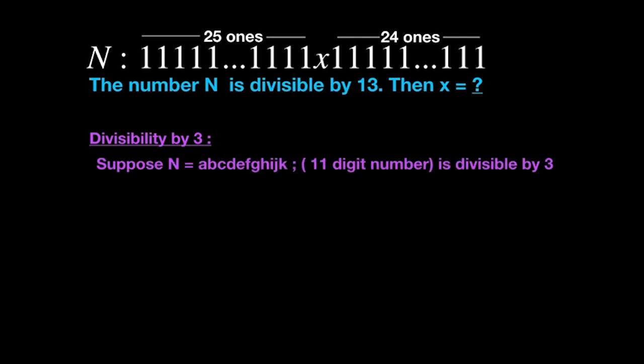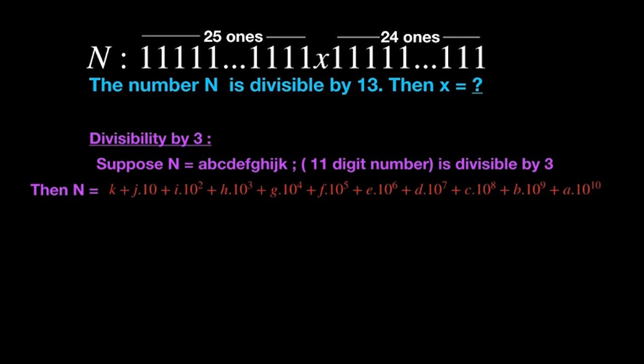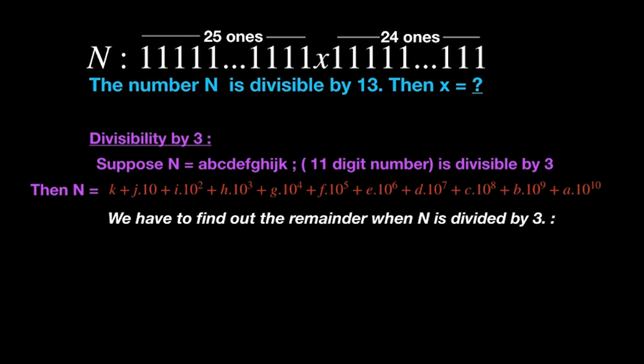Suppose N is an 11-digit number like A, B, C, D, E, F, G, H, I, J, K, and the number is divisible by 3. The number N can be expressed as a sum of powers of 10 multiplied by the digits: K plus J into 10 plus I into 10 squared plus H into 10 cubed plus G into 10 to the 4, and so on. We have to find the remainder when N is divided by 3.